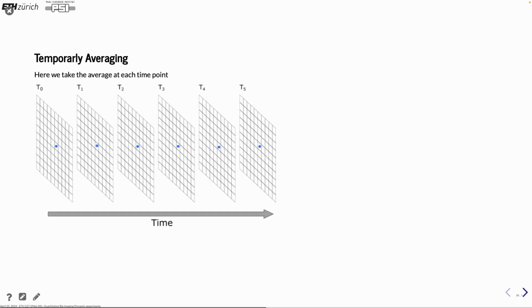The temporal averaging goes between the frames, so we look at the same pixel from frame to frame and do averaging in that direction instead. And it's quite common that people do this moving average between different time frames in order to improve the signal to noise ratio and better see the trends in the data.